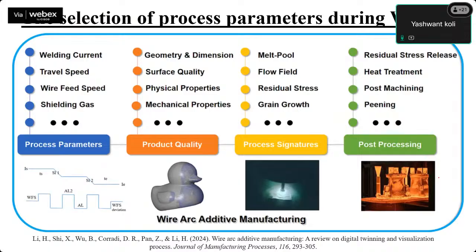Process signatures that I told you about, like the molten melt pool, flow field, residual stresses, and grain growth, can be optimized. Post-processing by residual stress release, heat treatment, post machining, and shot peening can be done to improve the quality of the WAM product.